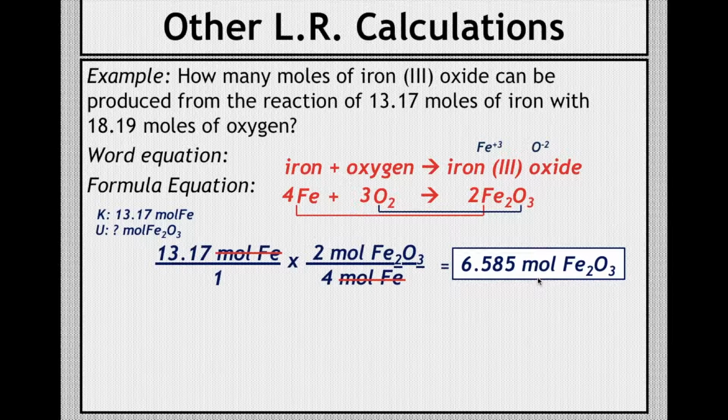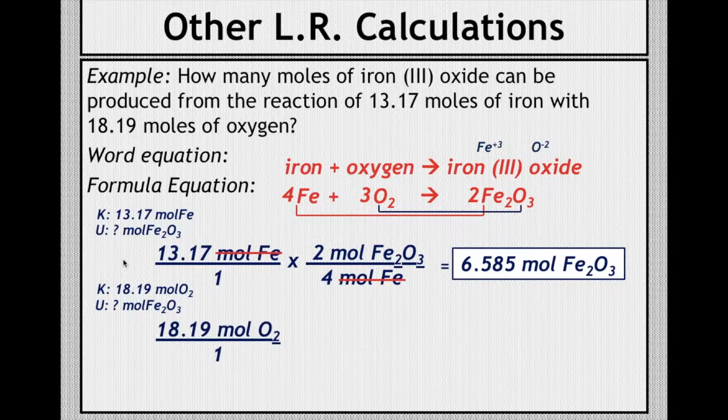We're not completely done. We do have to find out how much iron oxide 18.19 moles of oxygen will make. So our known, again, will be what the question gives us, 18.19. And then our unknown is what it's asking, how many moles of iron oxide. So we always start with what we know, which is 18.19 moles of oxygen.